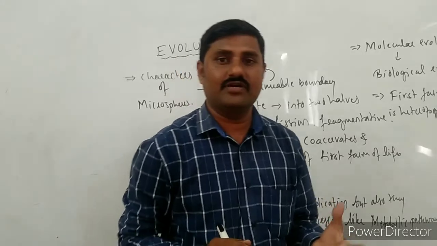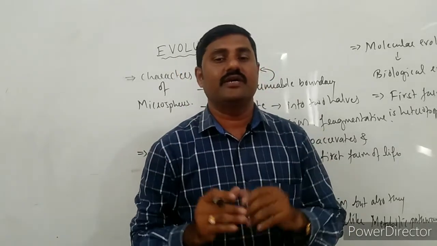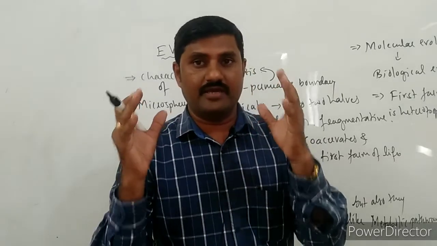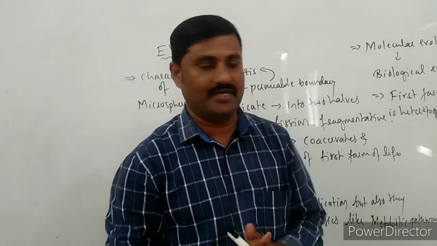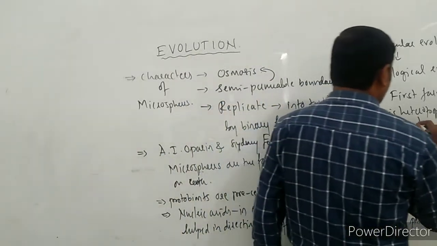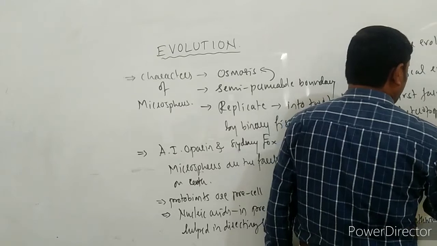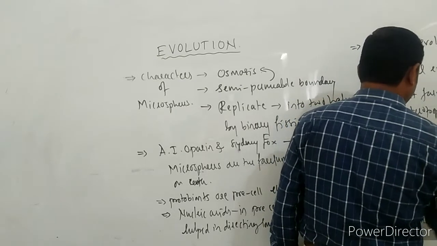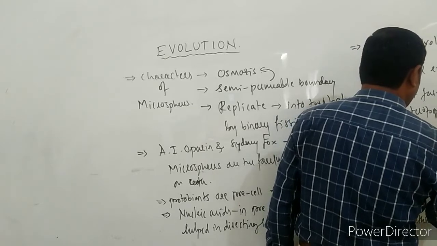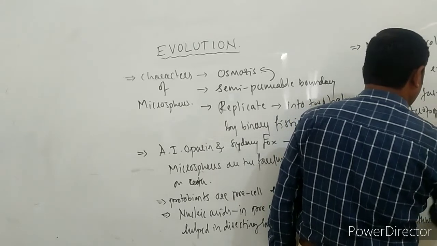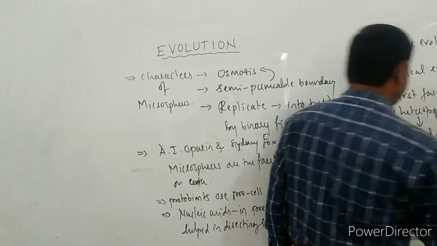Whatever organic material was there in the sea water, they started to consume it and compete with the others for getting their food. So this is heterotrophic, in the sense that they depend on organic material present in seawater.